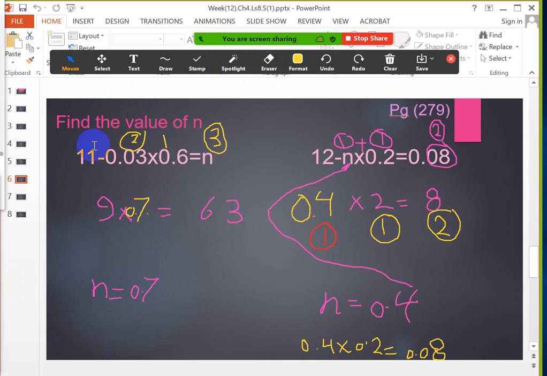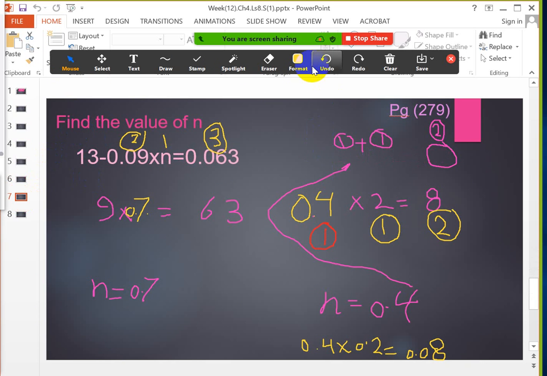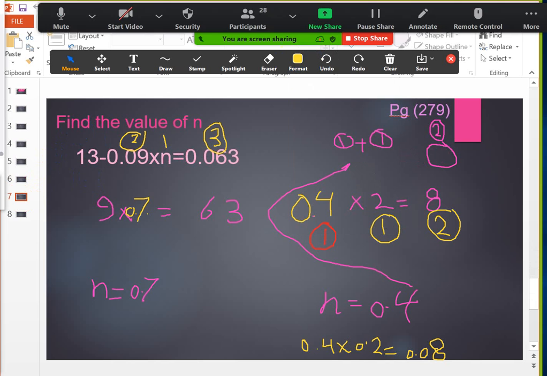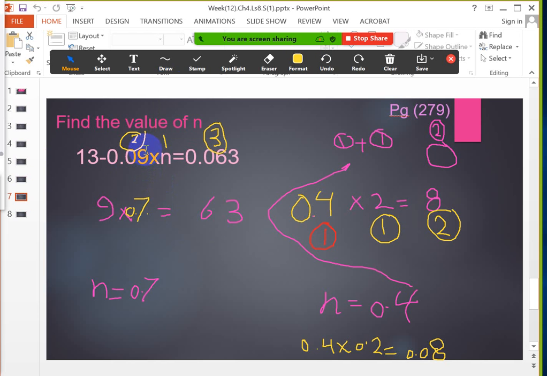Teacher, in number 13, if in number 12 we do 1 digit after the decimal point, but in number 13 we have thousandths, not hundredths. So I think we should do 2 digits here.